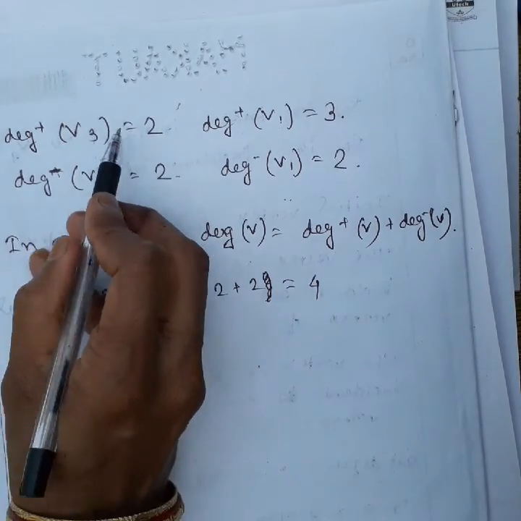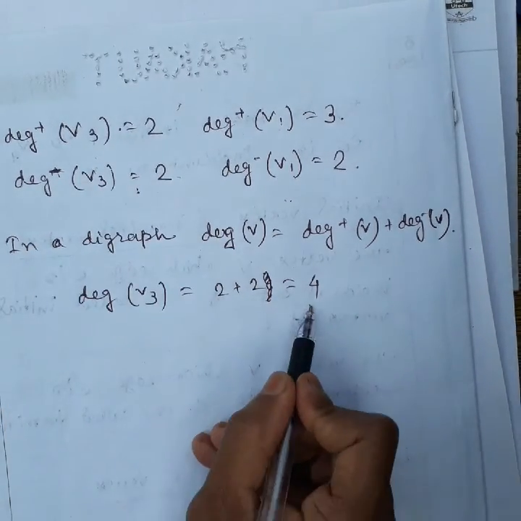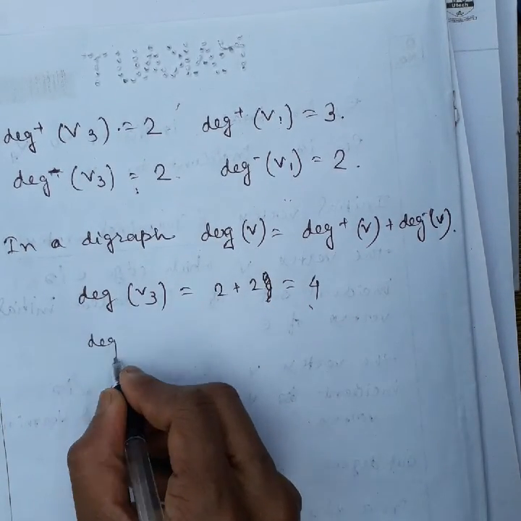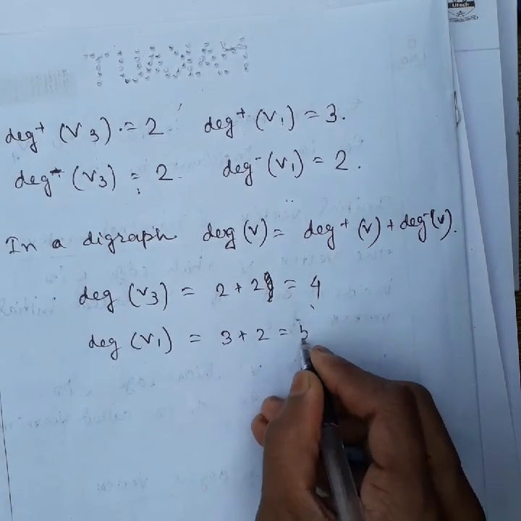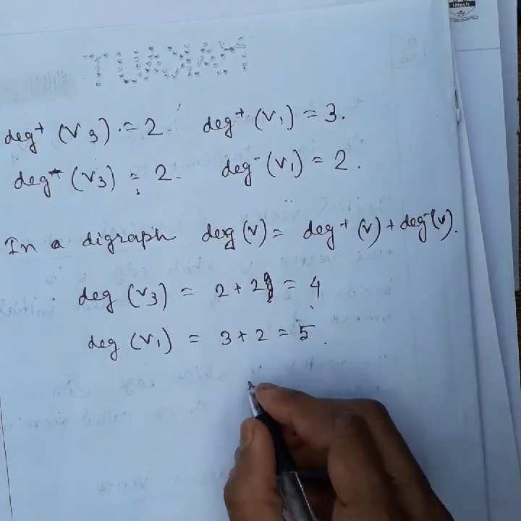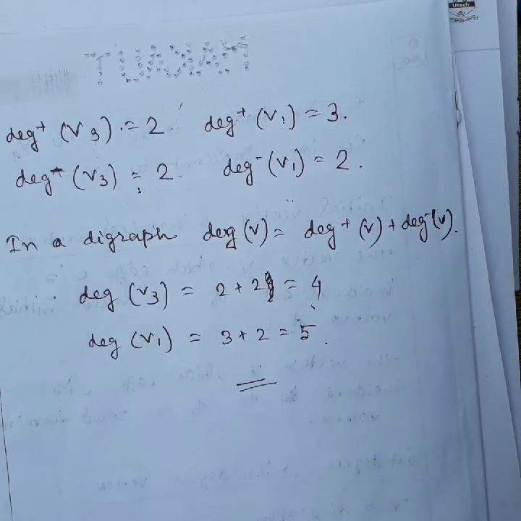Out degree plus in degree is the total degree. Similarly, degree of V1 is 3 plus 2, equal to 5. Okay, next day we will discuss another special topic of directed graphs.